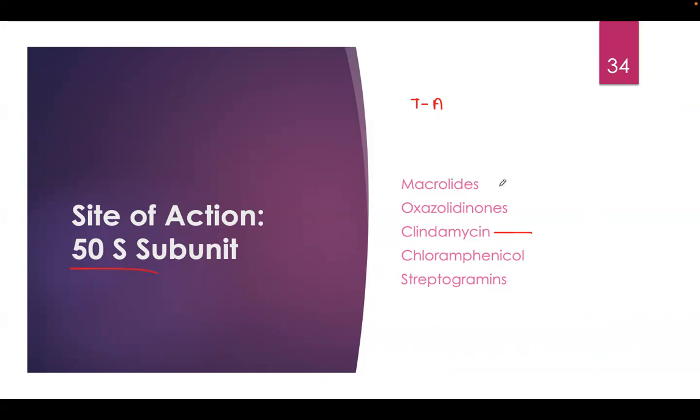The E is going to be erythromycin, which is the macrolides and the azolides. Then streptogramins and chloramphenicol. So that CLEAN TAG is a good way to remember them. Think of home plate: 50 up here, where the thick part of the plate is wider, so a bigger number, 30 down here, and CLEAN TAG. If you remember that, you'll never forget these.